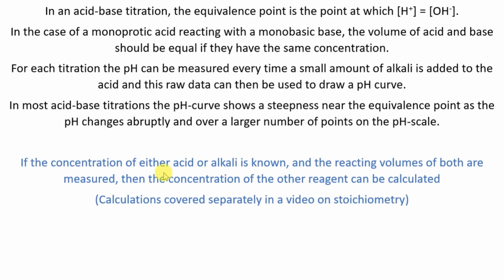If the concentration of either acid or alkali is known, and the reacting volumes of both are measured, then the concentration of the other reagent can be calculated. I will cover the calculation separately in a video on stoichiometry.